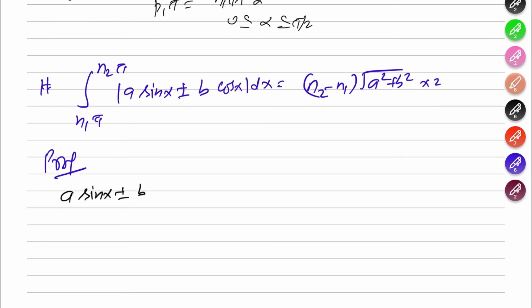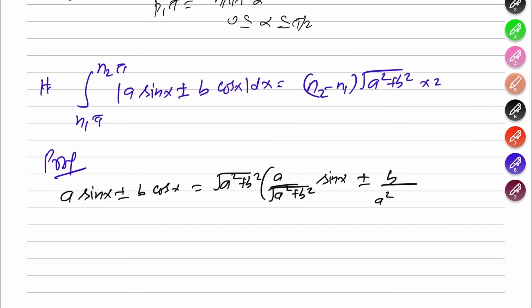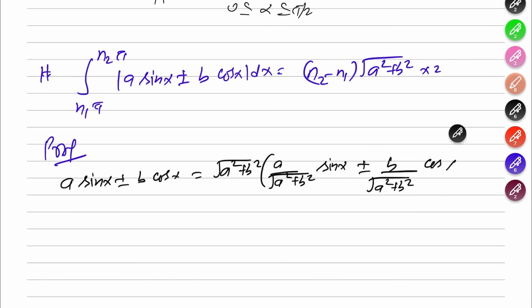We know that a sin x plus or minus b cos x is square root of a square plus b square, times a upon square root of a square plus b square sin x plus or minus b upon square root of a square plus b square cos x.